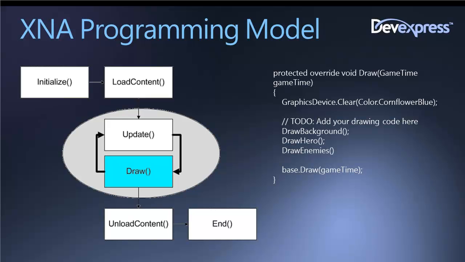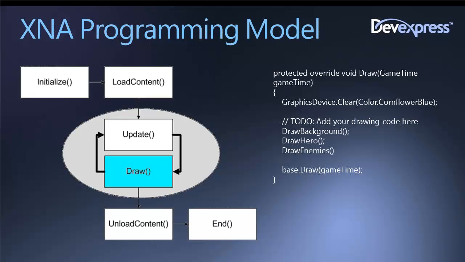Components, of course, are a way to isolate specific functionality. This makes sure that once the main update or the main draw is performed, base.Update and base.Draw go out and call the respective update and draw methods of any components that you've registered as part of your game. That's an important thing to keep in mind as well.